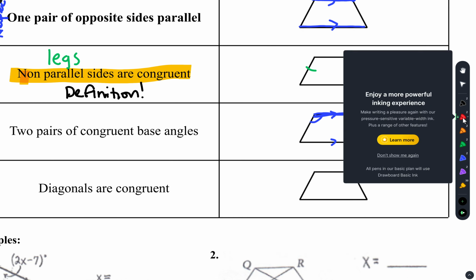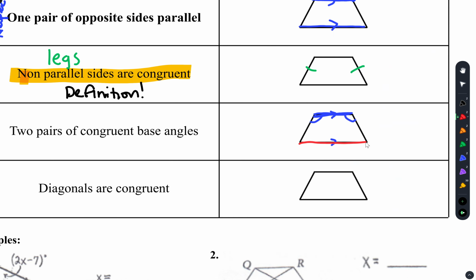If I'm talking about this base on the bottom, its base angles are the 2 angles that touch that base. They are not necessarily congruent to one another. In fact, I don't think they are, otherwise we would have a rectangle. But they are congruent to their own base angle.